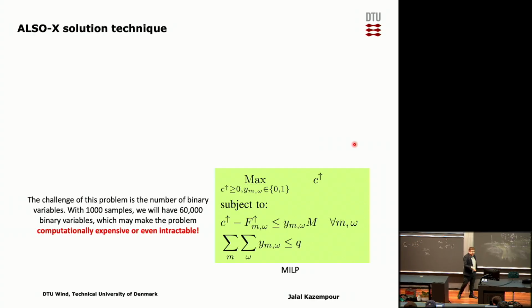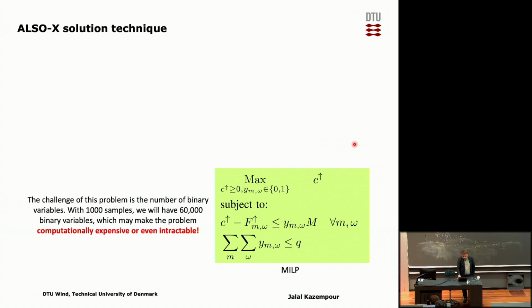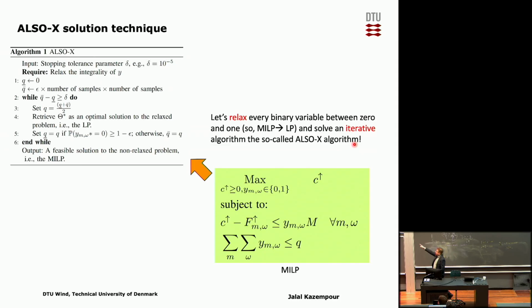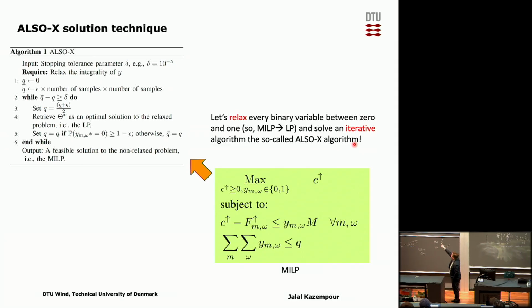If it becomes the case, then the people who wrote this paper suggest that you relax Y between 0 and 1 and solve this problem as an LP, a linear program, iteratively.